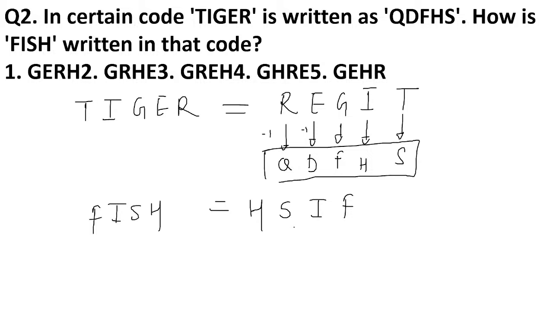The letter before H is G. For S, the letter before is R. For I, the letter before is H. And for F, the letter before it is E. So GRHE is the correct answer.